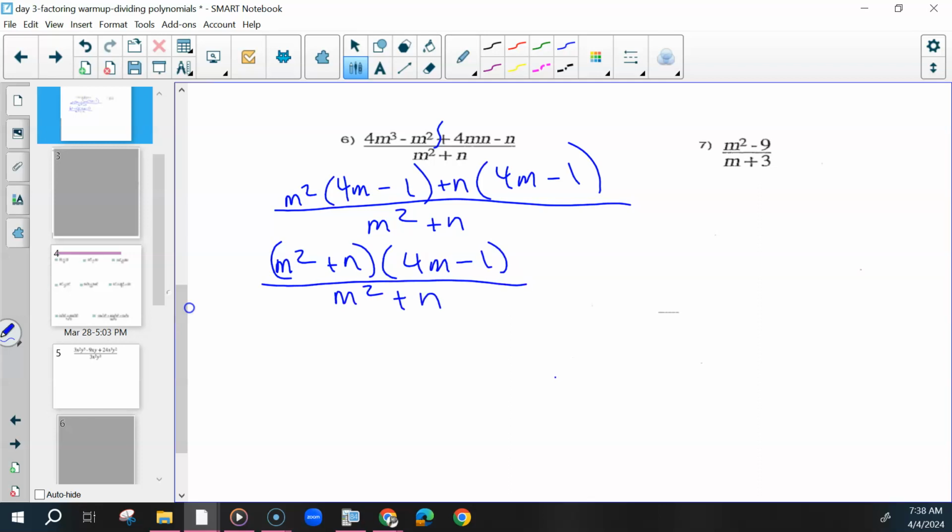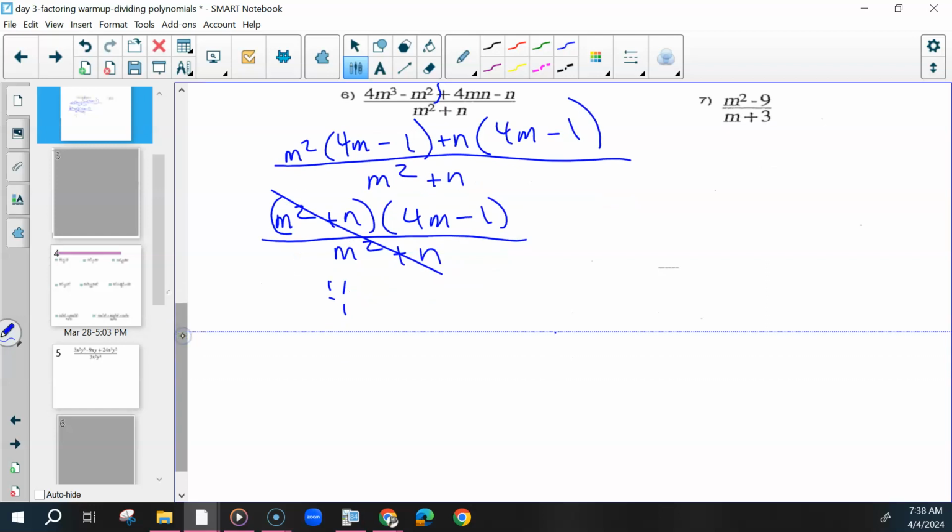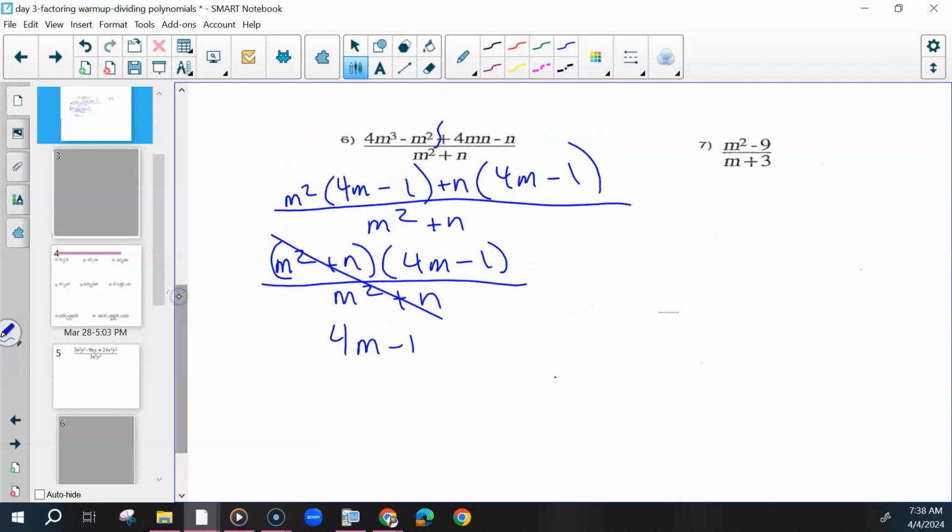When we cancel out those like factors, what's left? 4m minus 1. Make sure you are actually canceling out the like factors. That was basically a piece of the A doesn't equal 1 trinomial, but just the grouping aspect. You might see some of those.